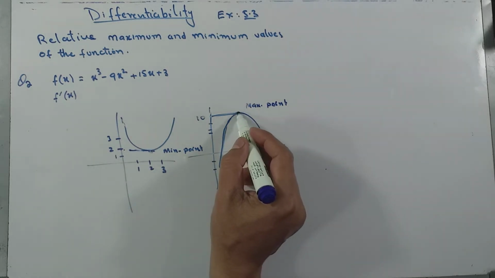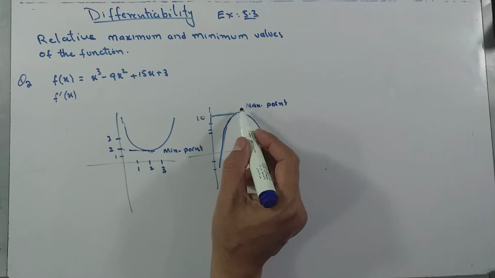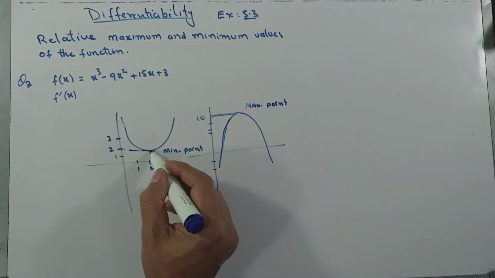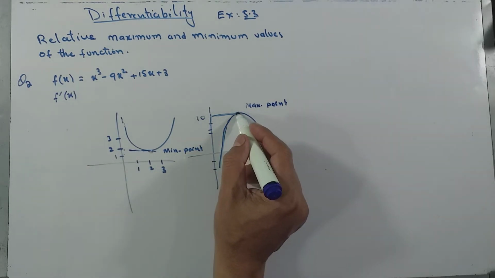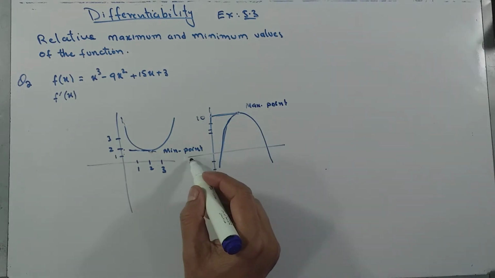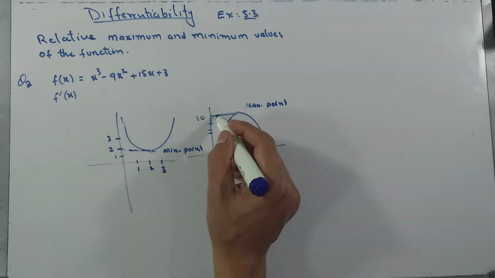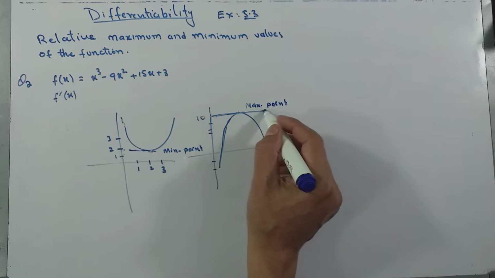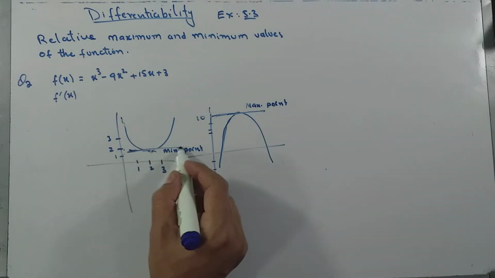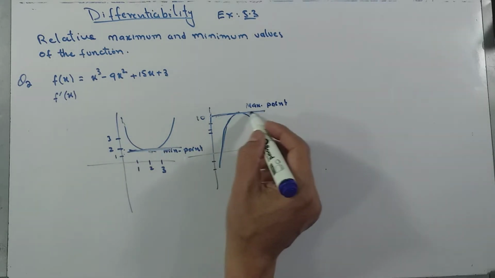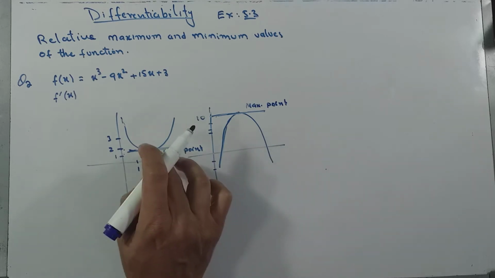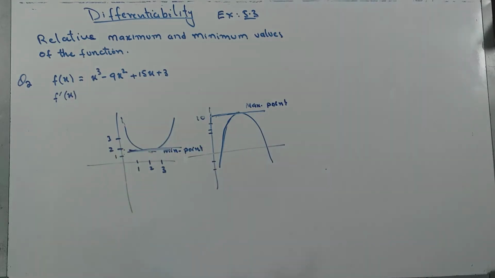This one is also a stationary point, where the tangent to this point and the tangent to that point will always be parallel to the x-axis. For example, this is the tangent to this point and this is the tangent to that point. So this line is parallel to the x-axis, and this line is also parallel to the x-axis.